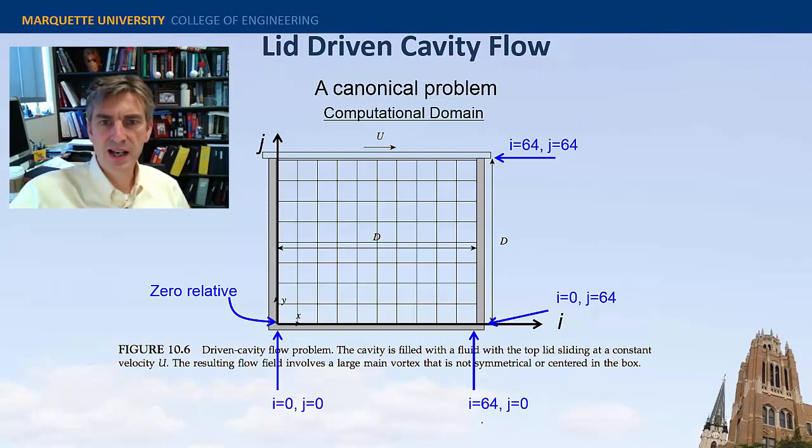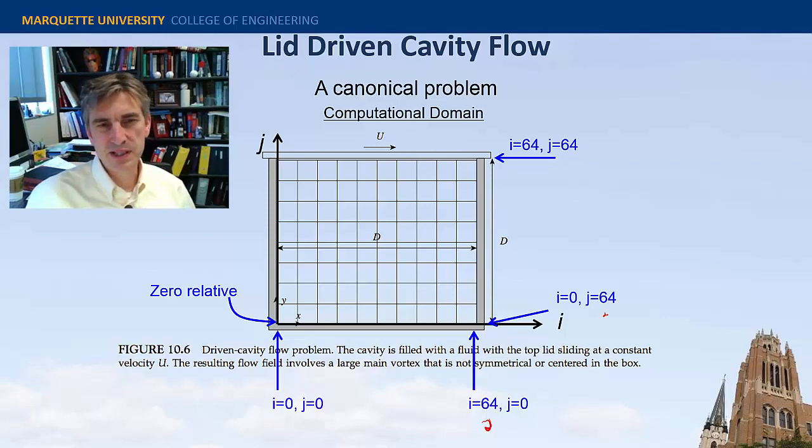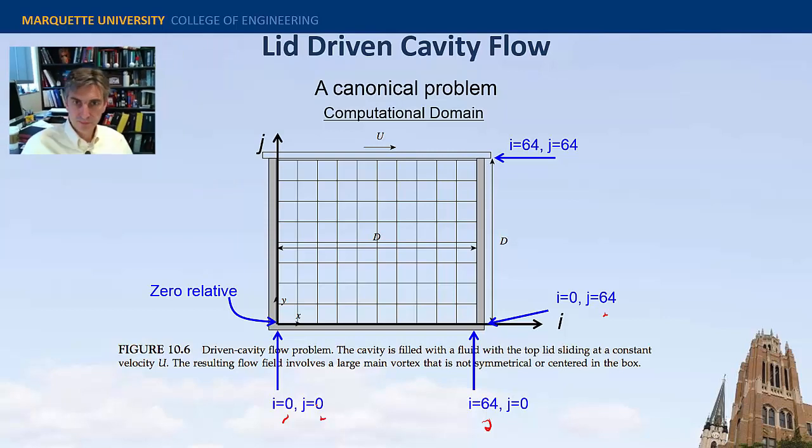In this case, this is a 64 by 64 mesh size domain. And it's zero relative because I'm using Fortran, meaning I can't have 0 indices at the lower boundaries. So it's really 65 total nodes per dimension.